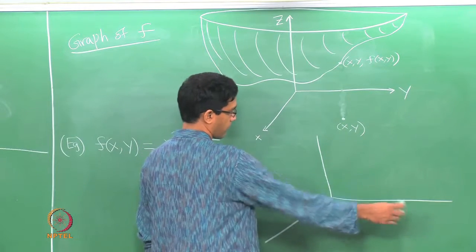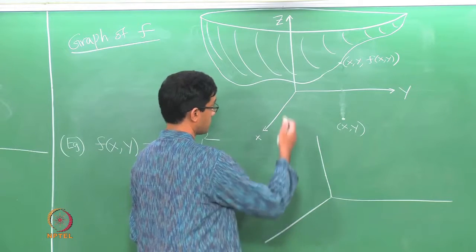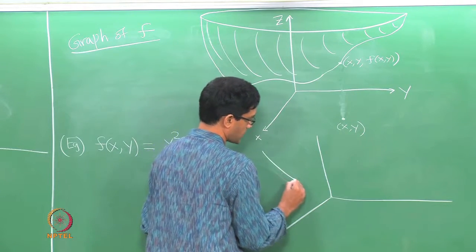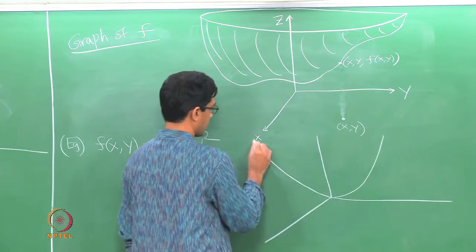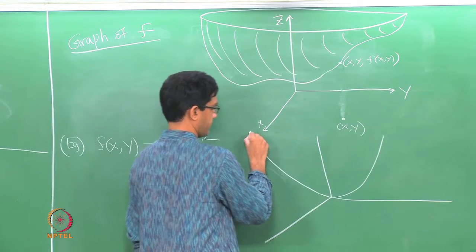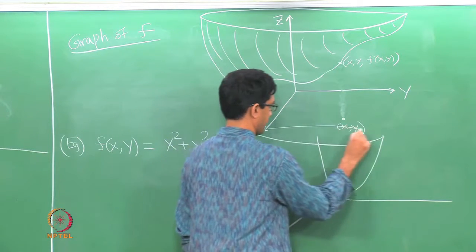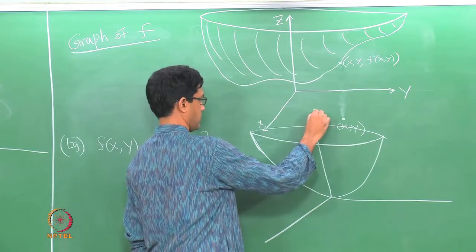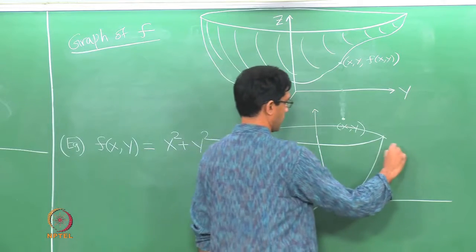So, the farther the point is from the origin, the larger the z value essentially. So, if you sort of join all of these up, let me just tell you what you will get. You will sort of get a surface like that. This is sometimes called a paraboloid. So, this is a paraboloid.